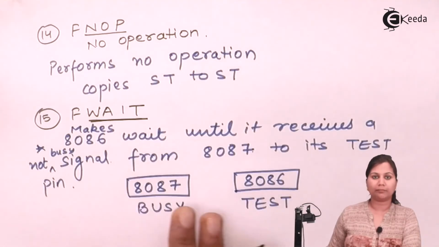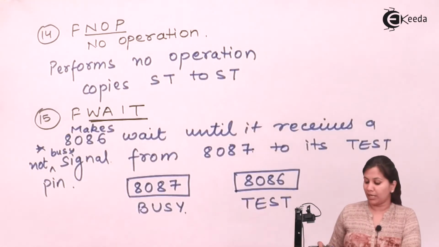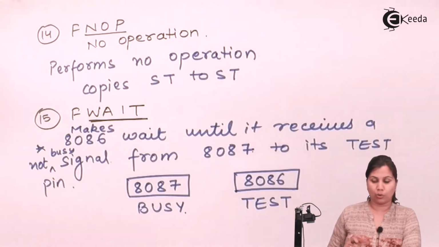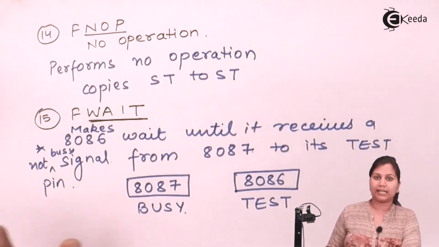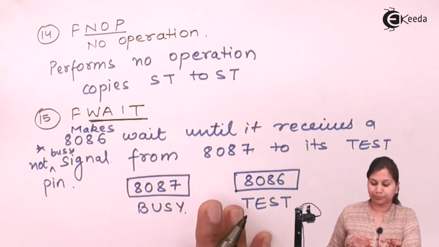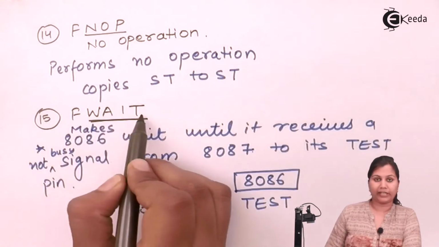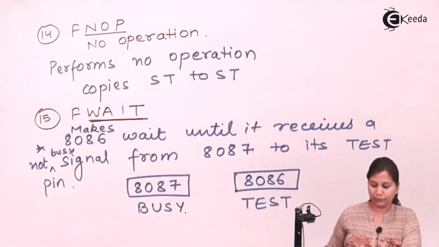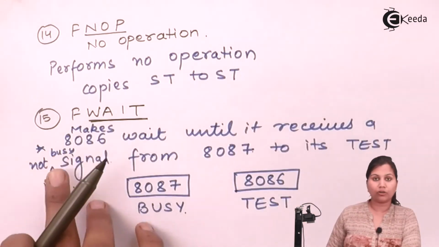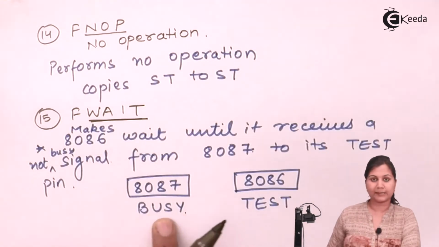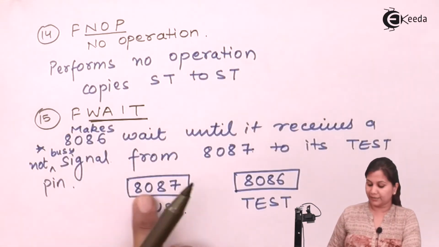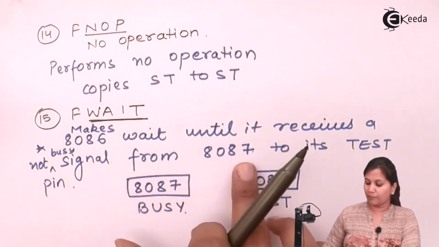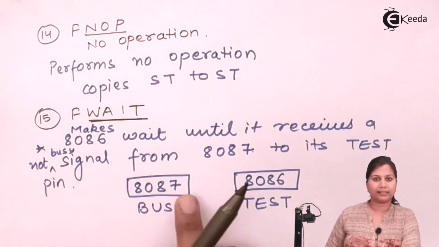Right now it cannot communicate with 8086. And when this busy line is low and the test line is high, then 8086 and 8087 communicate with each other. So FWAIT makes the 8086 wait until it receives a not busy signal, which means that this busy line is low, that 8087 is not busy, from the 8087 to its test pin.